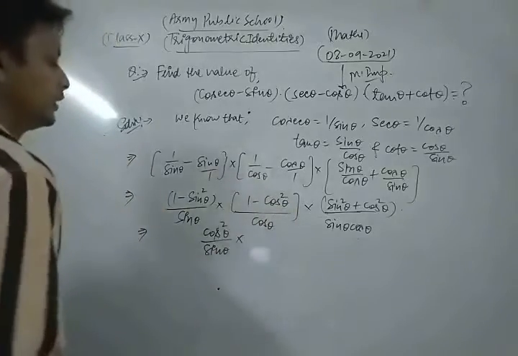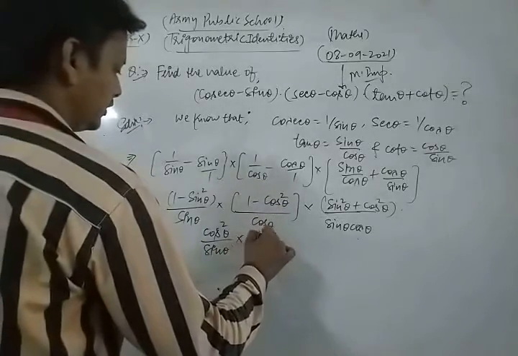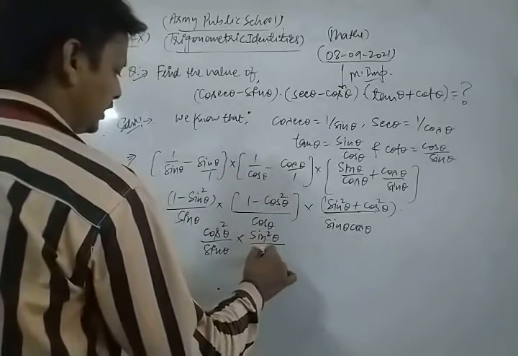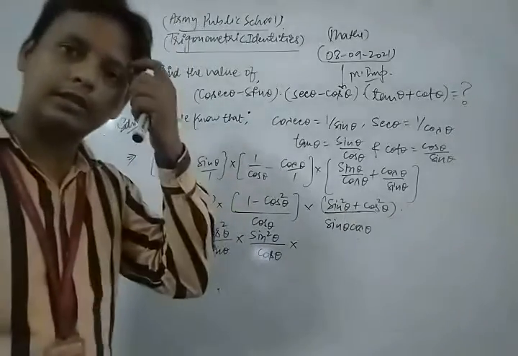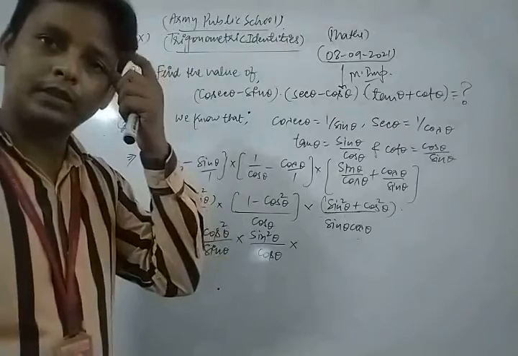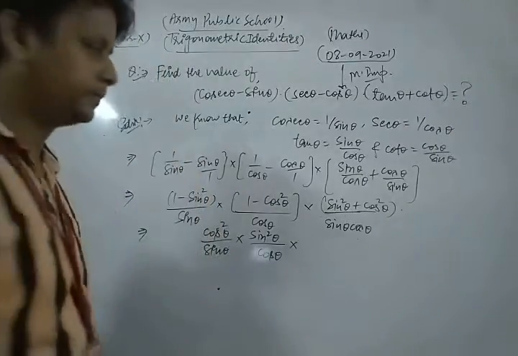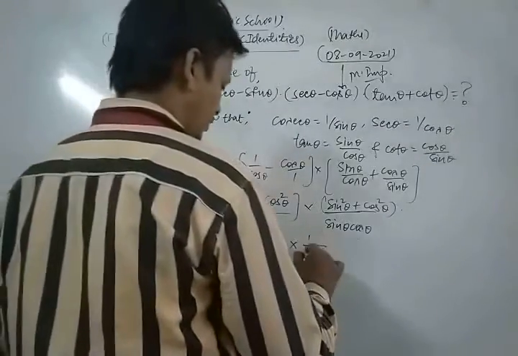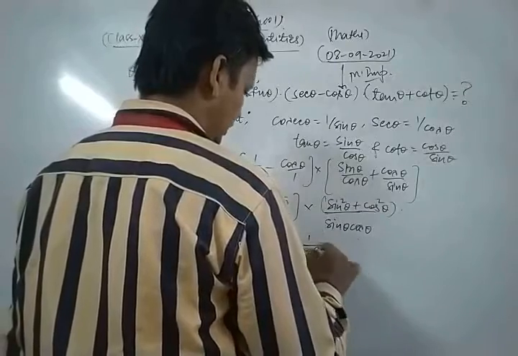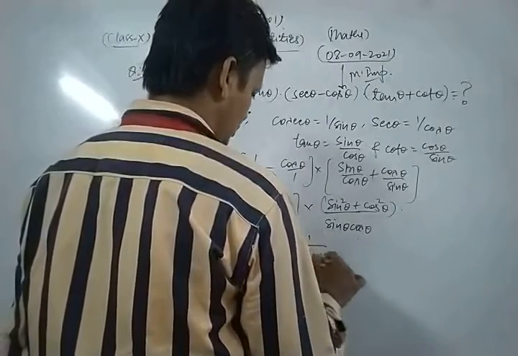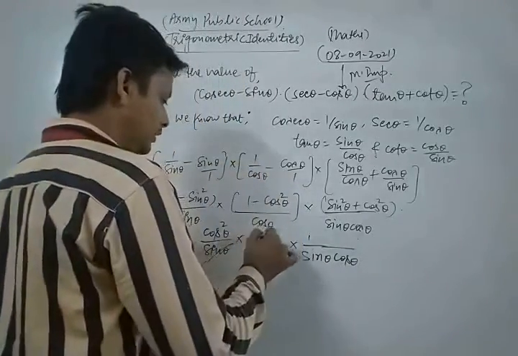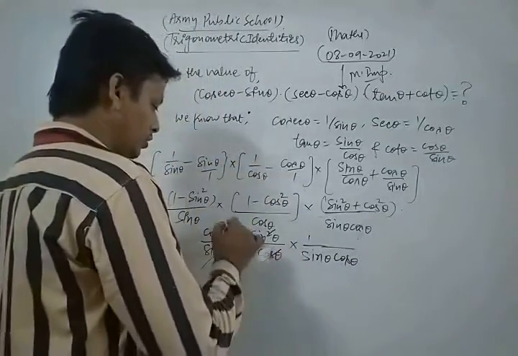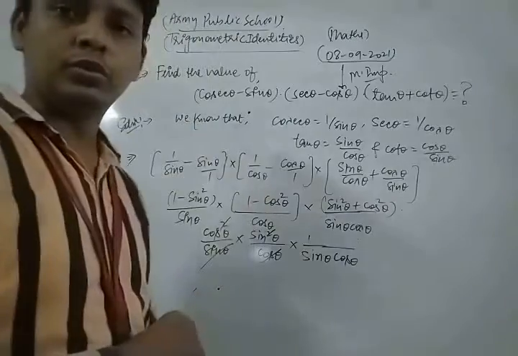1 minus cos square theta we can write as sin square theta, and upon cos theta, right as it is, into sin square theta plus cos square theta, whose value is 1, upon sin theta into cos theta. Now look, one sin cancels, one cos also cancels.